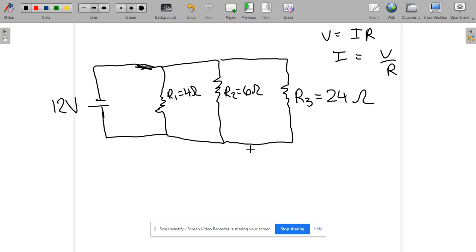Alright, so what I want you to do here is think about what's happening. We have these 3 resistors. If you look at this point right here, and this point right here, and this is wire here. I know it's a little bit scribbly.